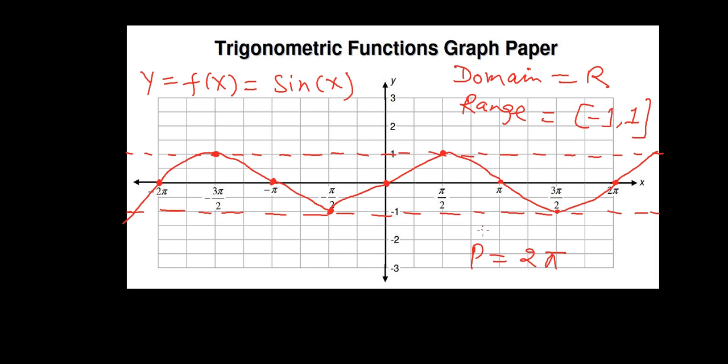The period is the smallest distance after which the graph is repeated again and again. So the period is from this point to this point, 2 pi. So this is how you can graph the trigonometric function sin x.